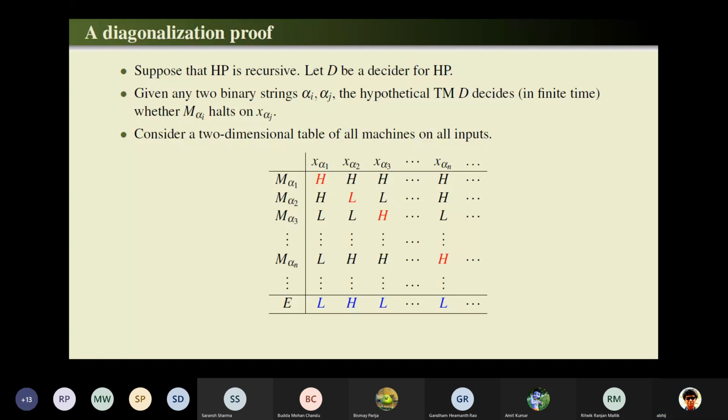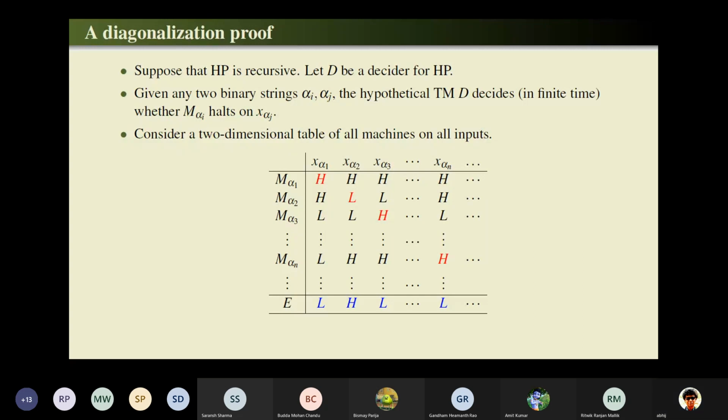They exhaustively list all possible strings. So this is an exhaustive listing of all strings. This is also an exhaustive listing of all strings.